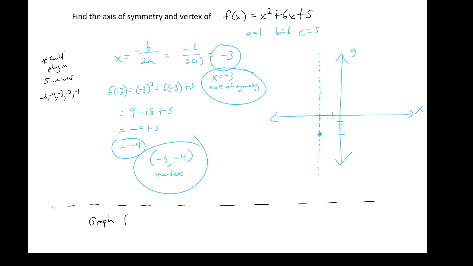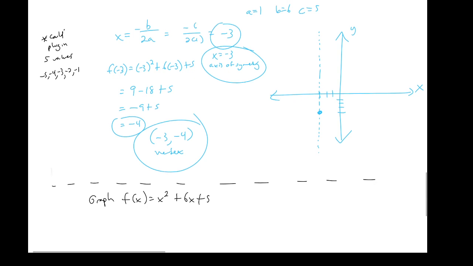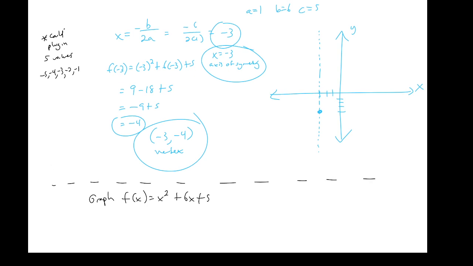In addition, let's figure out the y-intercept. That's simple. That's going to be 5. Okay? That's the C value. We already talked about that before. That's this.